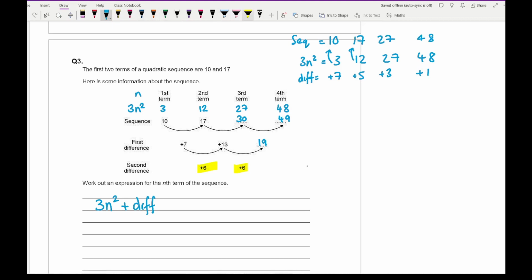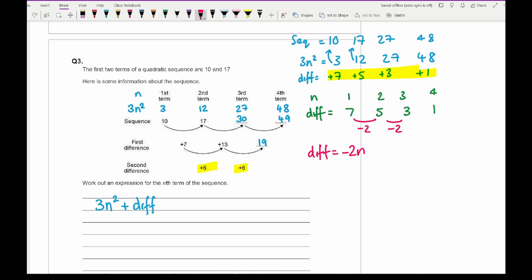Now this in itself becomes a linear sequence. So then looking at the difference, I then need to find the nth term of this. So I've got 7, 5, 3 and 1. N is 1, 2, 3 and 4. So now looking at the difference between each of these, it's going to be minus 2. So then the nth term for the difference is going to be minus 2n.